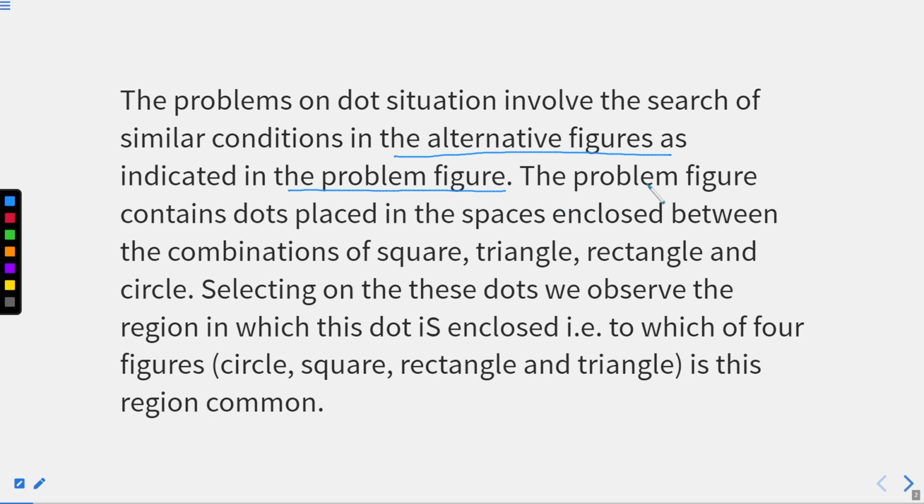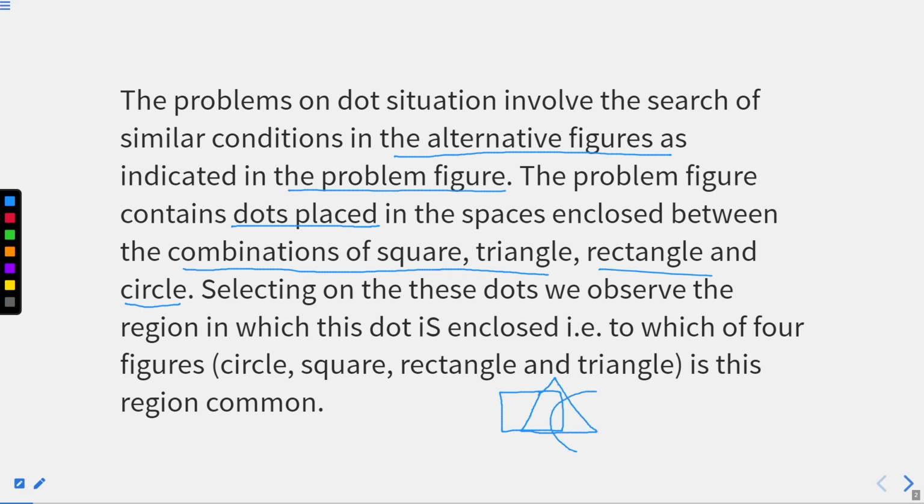So the problem figure contains a dot. What it says, the problem figure contains a dot placed in the space enclosed between the combination of squares, triangle, rectangle or circle. Any figure can be there, right? If I take an example here in front of you, let's say this is a square, this is a triangle, right?